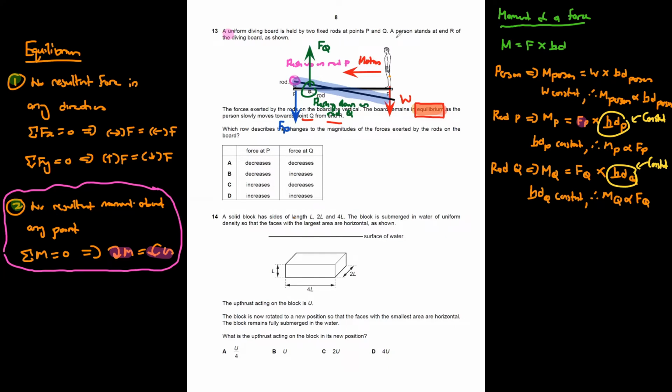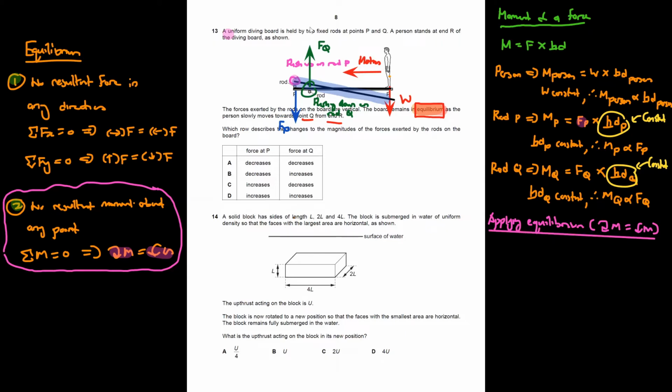Okay, now is where we start to apply the equilibrium condition. So if you're applying equilibrium, where you say clockwise moment equals anti-clockwise moment, there are two different points that you can choose as your pivot right now.